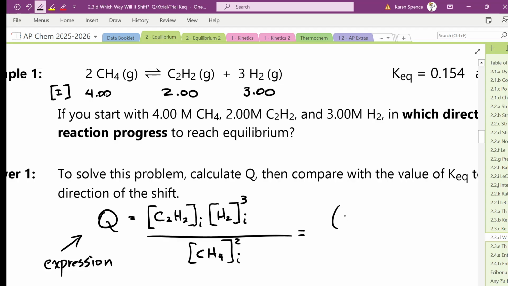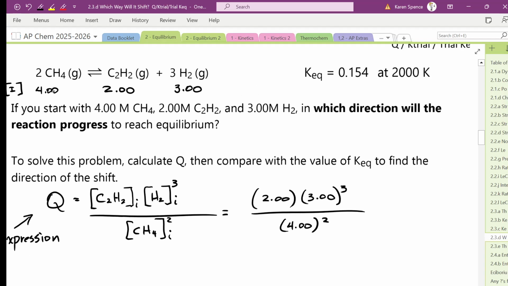So we would have 2 times 3 cubed over 4 squared, and we get 3.375.